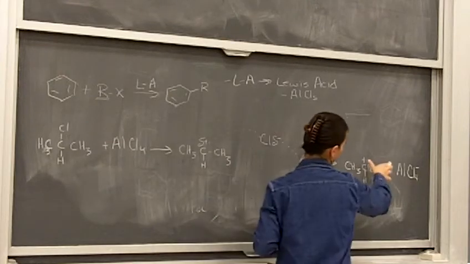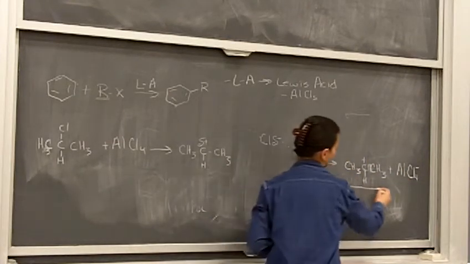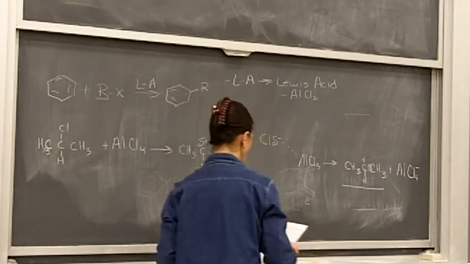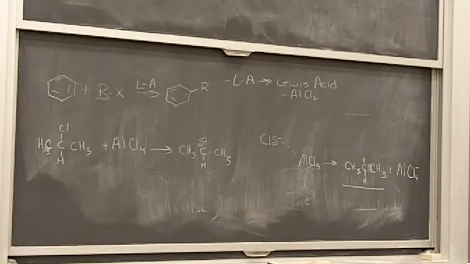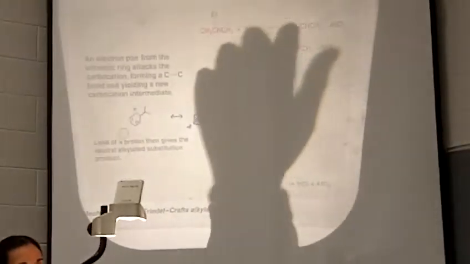We eventually get to the point where the chlorine goes with the aluminum chloride, and we form, this is our electrophile, there's our carbocation, okay? And so then, that carbocation, then we've got our carbocation here.